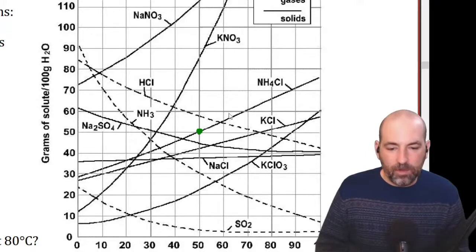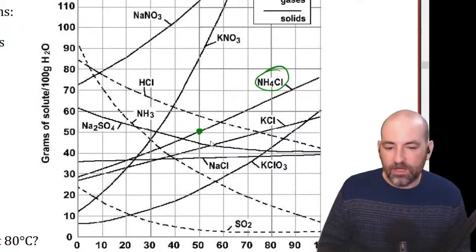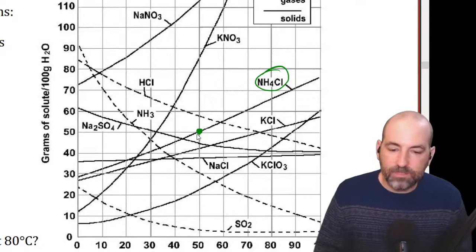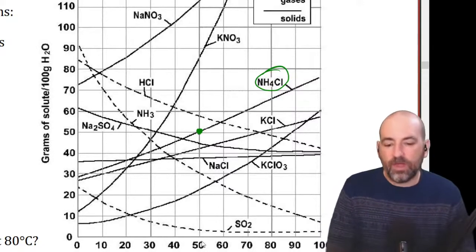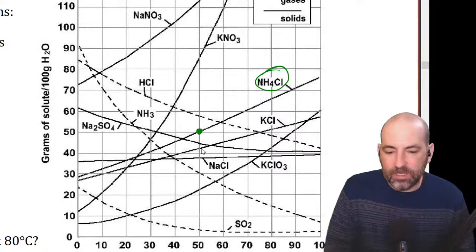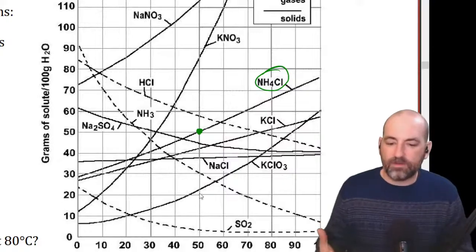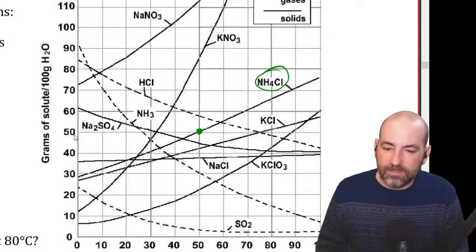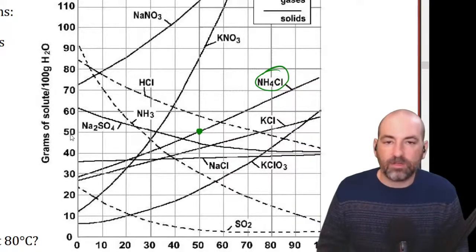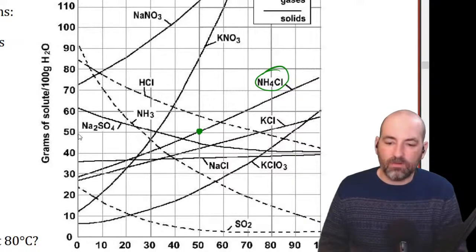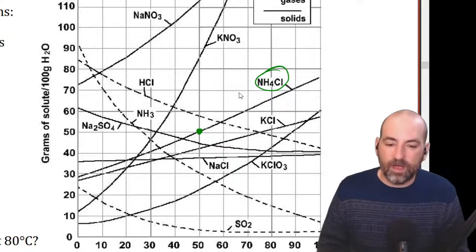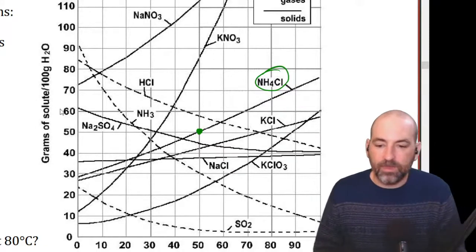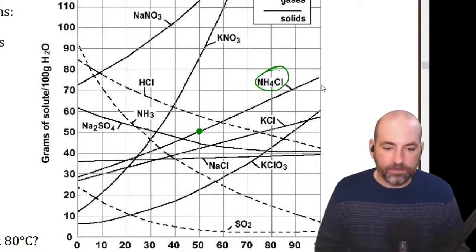So we're on this ammonium chloride curve, NH4Cl. And so what this point means right here is that if we heat up our solution to 50 degrees C, we can expect to dissolve 50 grams of solute in 100 grams of H2O, of water. So we can dissolve 50 grams of ammonium chloride in 100 grams of water.